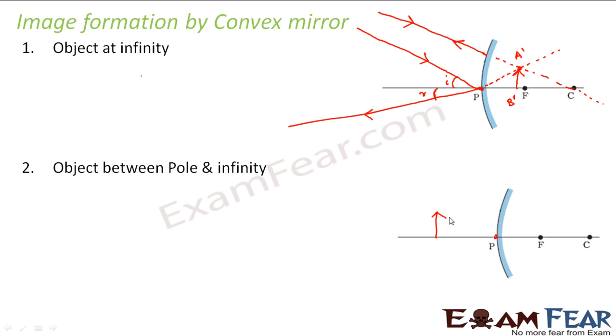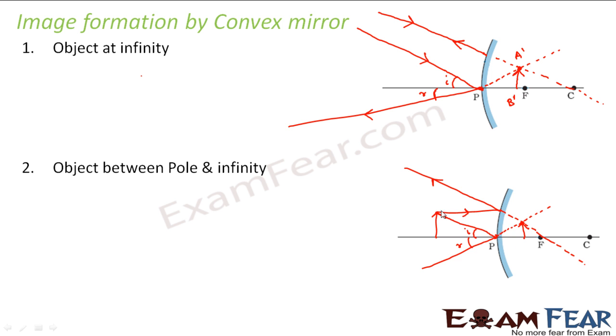Okay. So now here again, let us suppose that a ray of light parallel to the principal axis, after reflection, will get diverged, but it will appear as if it is passing through the principal focus, right? Another ray which approaches the pole obliquely, after reflection, goes back obliquely. So if we try to join this virtually, we see that an image is formed here.